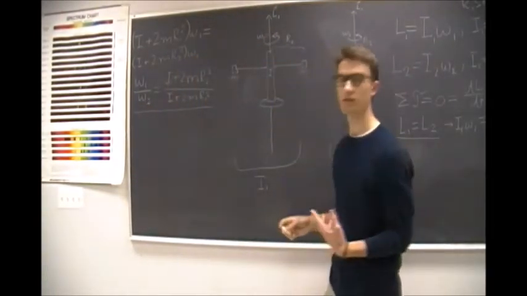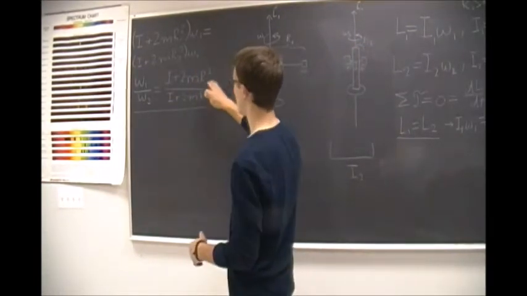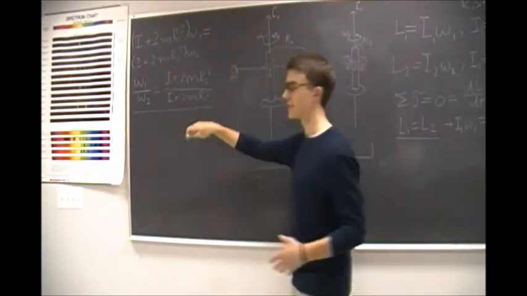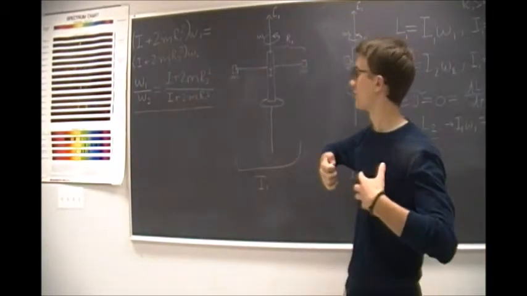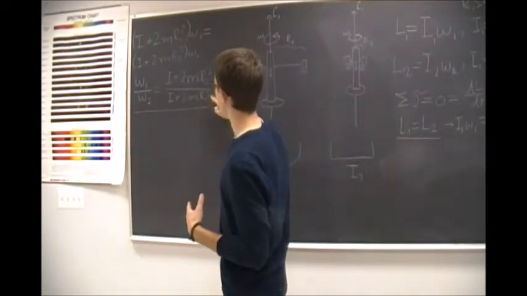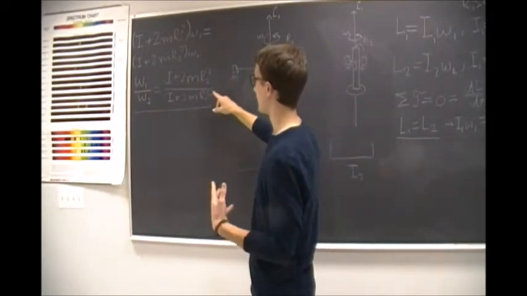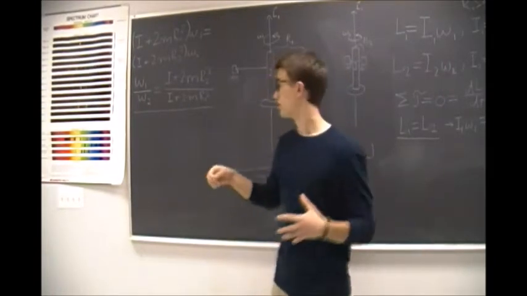So what can we see from here? Initially he had his arms extended, and then he drew his arms closer together. What this means is that the denominator is larger than the numerator, right?